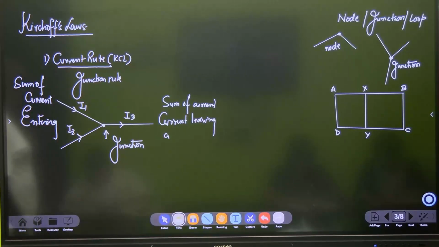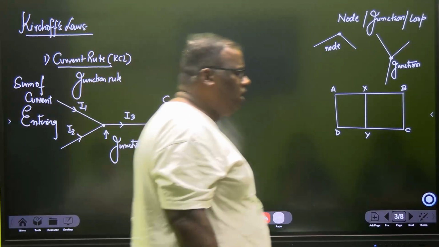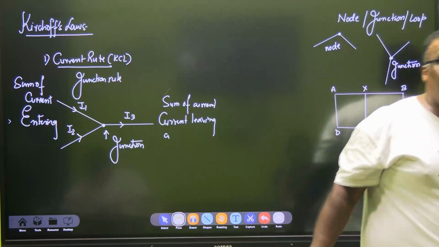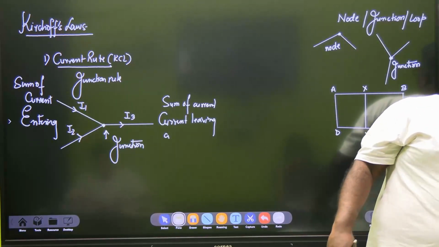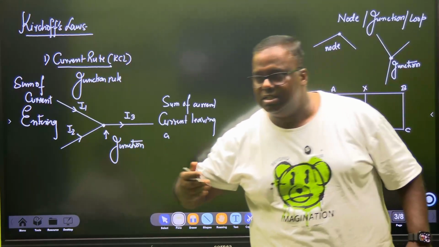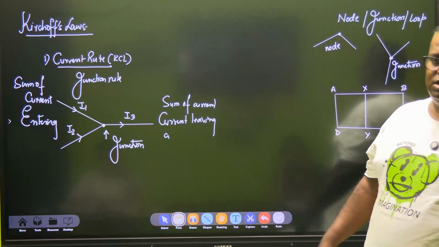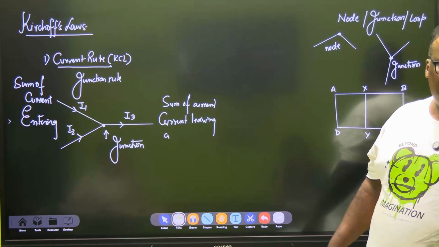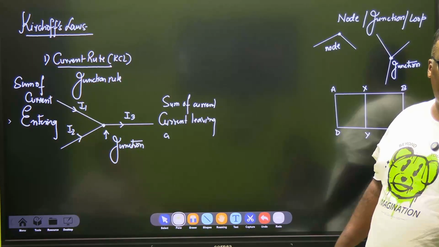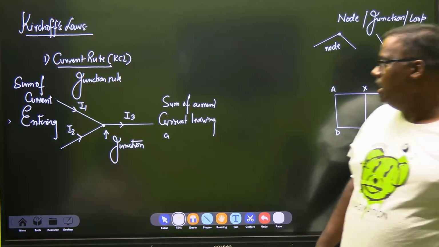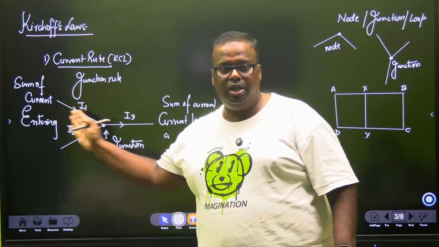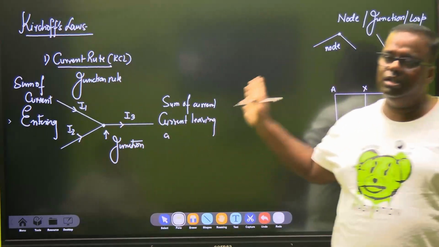Somebody will write the book's definition also, which is correct. At any junction, the algebraic sum of current entering and leaving it is taken to be 0. If entering current is taken as positive, exiting current will be taken as negative, right? Otherwise, you can say the total current entering a junction is the total current that leaves it.